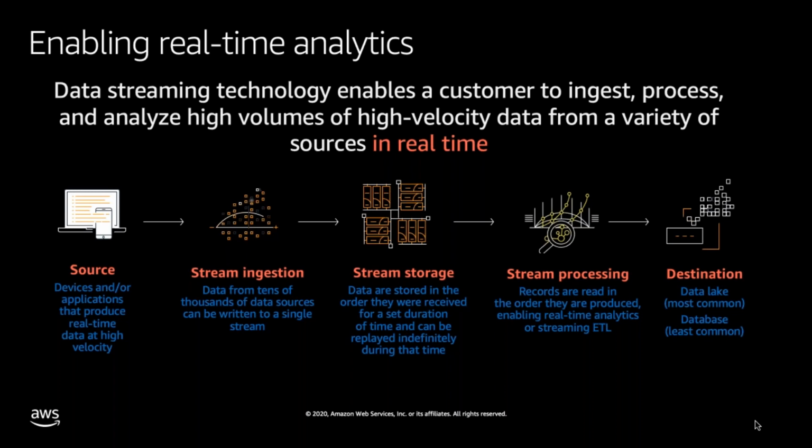The third stage is quite interesting, the stream storage stage. This stage is really motivated by the customers, and we have this interesting differentiator here to traditional queues. In traditional queuing systems, you get a message, and that message is removed from the queue permanently once the customer has received it.